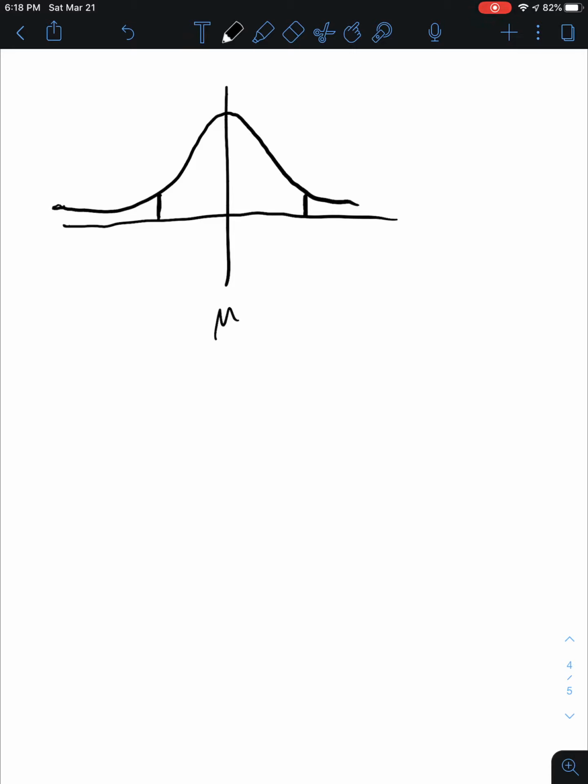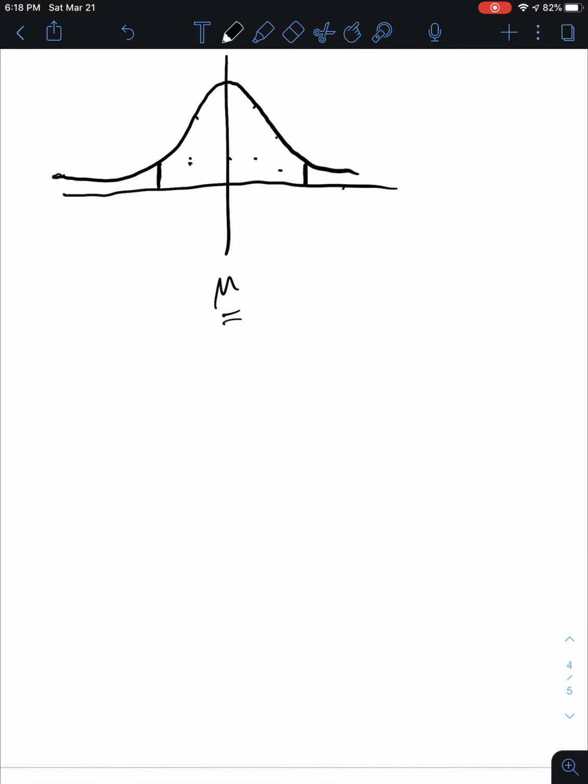Let me put it that way. We want to be 95% confident that we are within a certain range of the actual value mu. So our sample may take us here, it may take us here, here, here, here, here. 1 in 20 of our samples will be out of here.